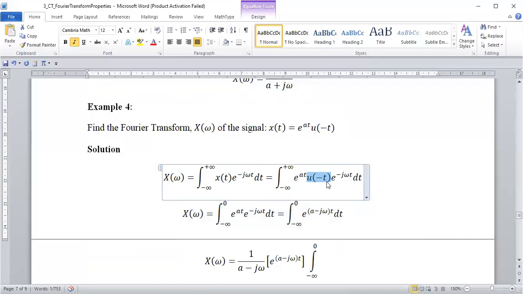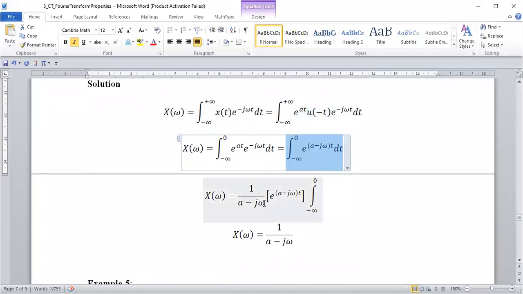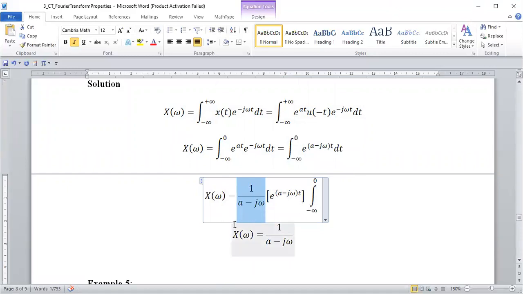That's why we remove the u of minus t, then we replace it with the limits of integration from minus infinity to 0. When we collect like terms, we get this, then the integration is given by this. Applying the limits, we are going to arrive at this function.